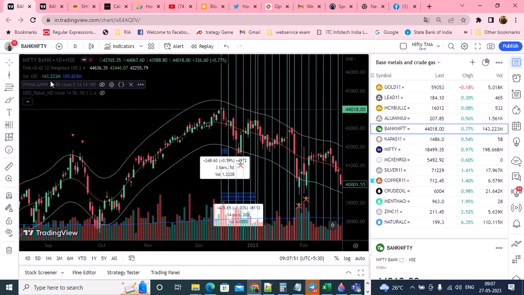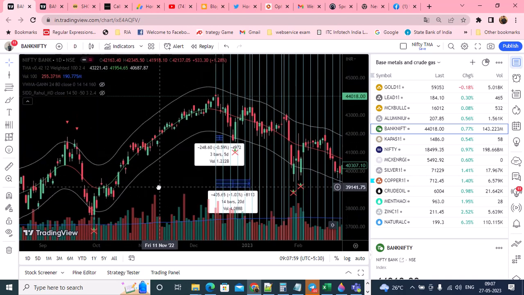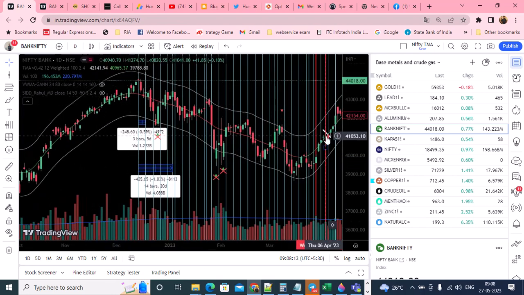I am using this TMA. This TMA is showing the trend of Bank Nifty. The trend of Bank Nifty was upside, and from this date, 14 December 2022, the trend was downside.